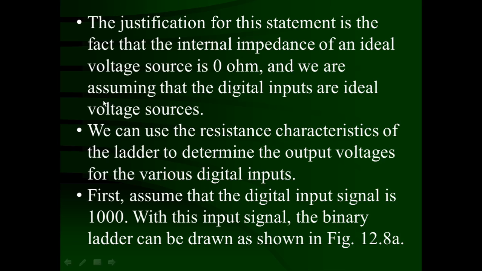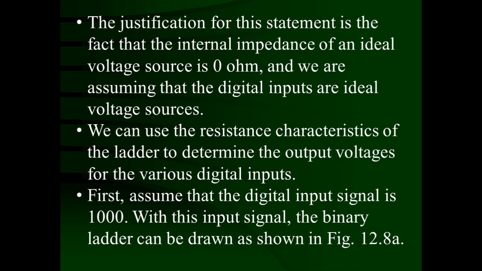Now, whatever the voltage source is there at the digital inputs, we are taking it as an ideal voltage source. And when it is an ideal voltage source, its impedance is going to be 0. Its internal resistance is going to be 0.